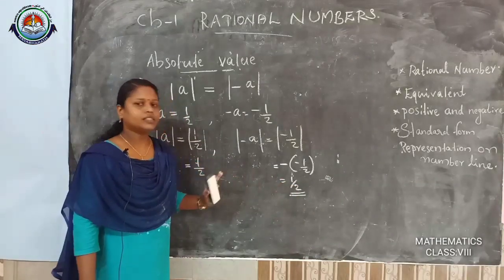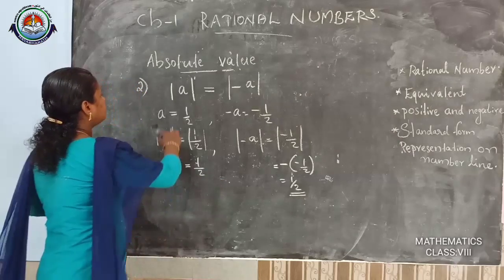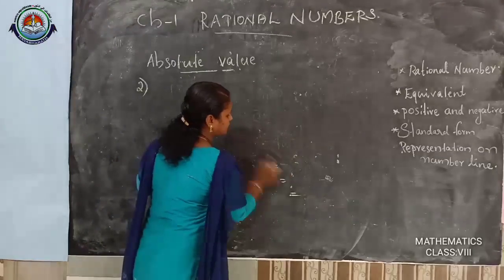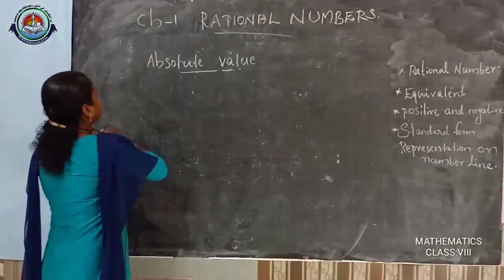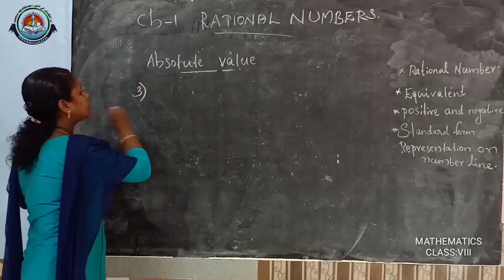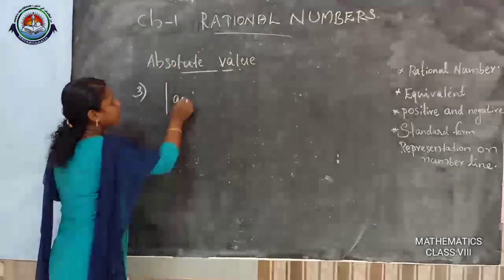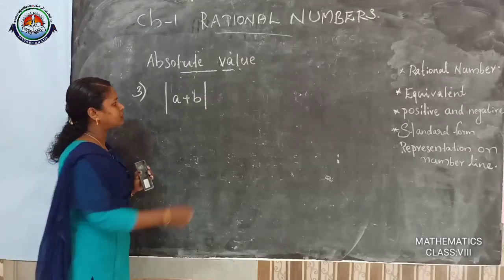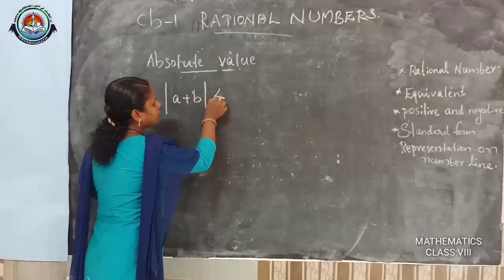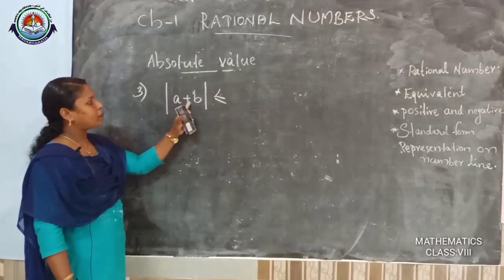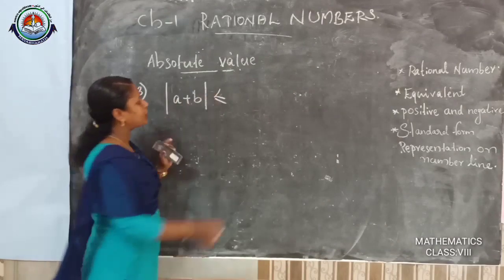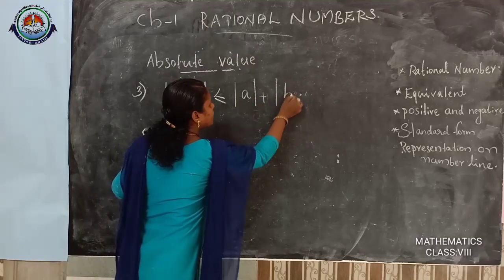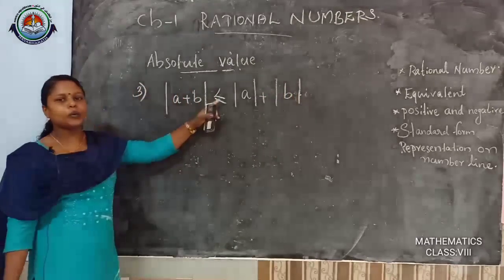Then third property, it is related to addition. Third property is if we are adding two rational numbers, absolute value of A plus B is less than or equal to absolute value of A plus absolute value of B. Here we have two cases.